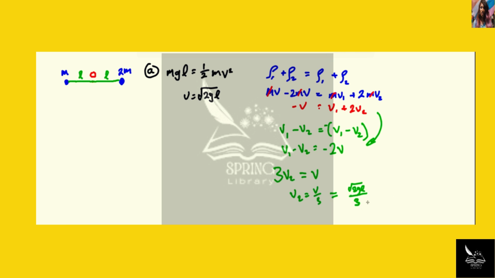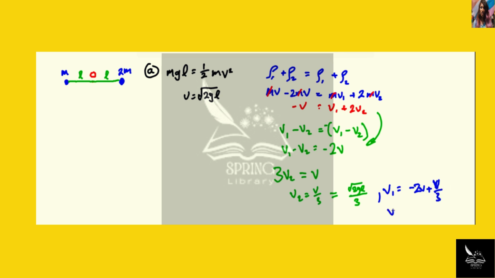And then if we plug this back into this equation, we can find out what v1 is. So v1 will be negative 2v plus v over 3.